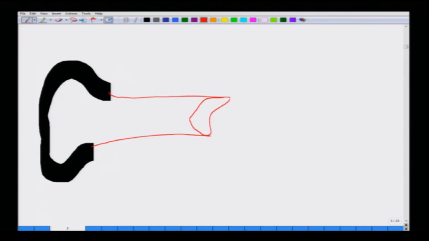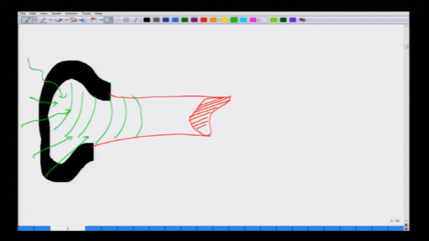It is a membranous structure like this. The sound waves are coming from outside and traveling here. First they hit upon the tympanic membrane. After hitting upon the tympanic membrane, they have to interface. So, this is the outer ear.